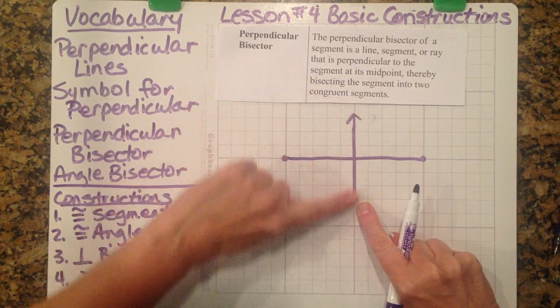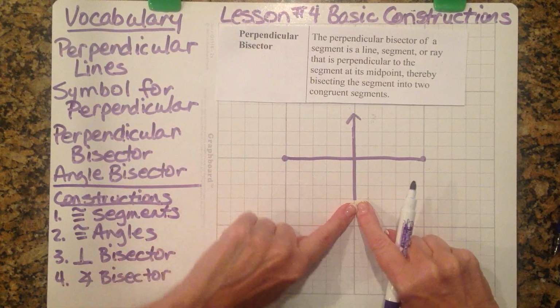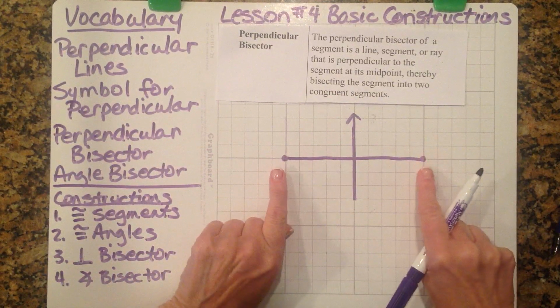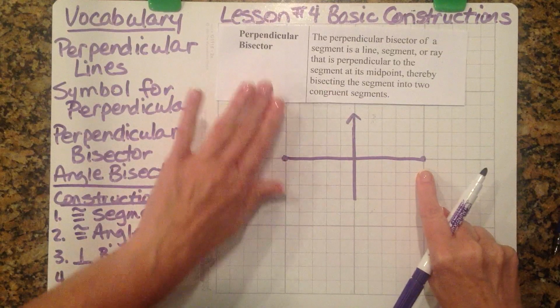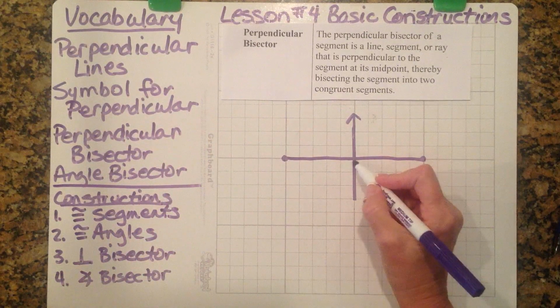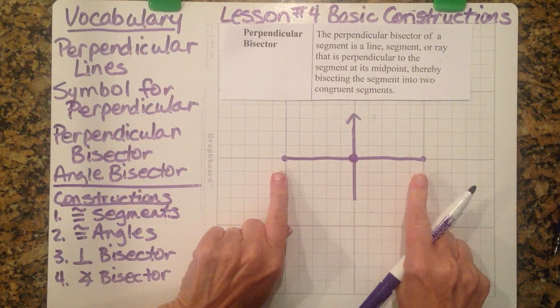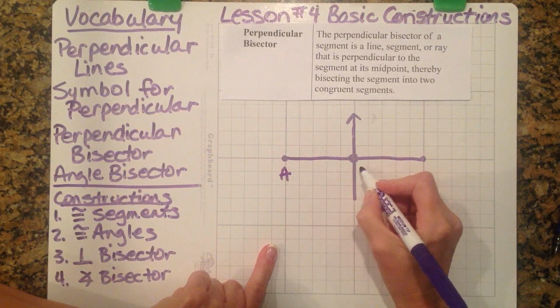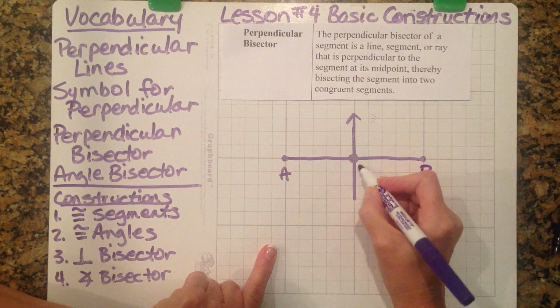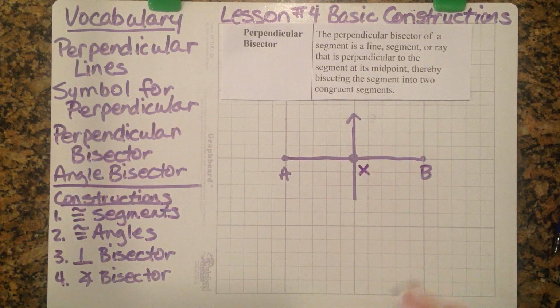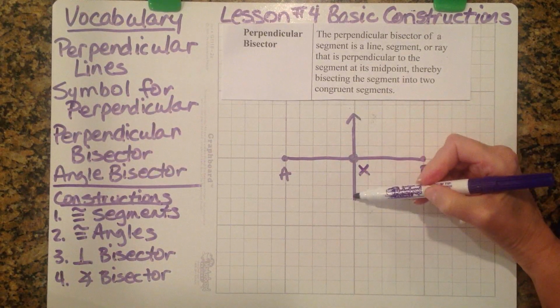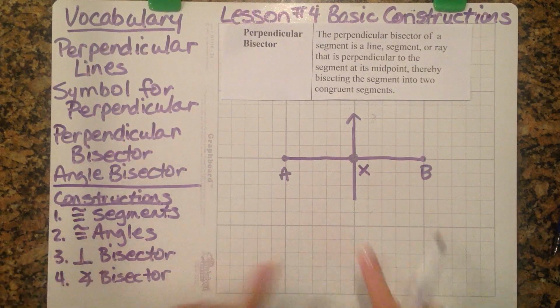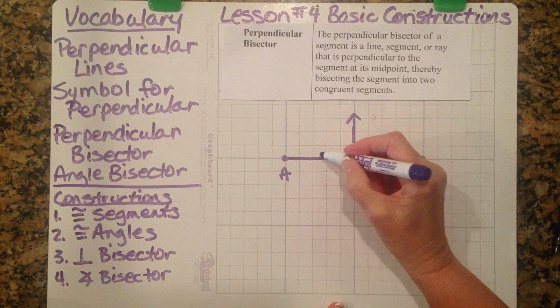And what this perpendicular bisector is doing, it's dividing this segment at its midpoint. So the midpoint of that segment is right here. So if I name this A, and this is B, and let's name this X right here. This perpendicular bisector divides this segment into 2 congruent parts.